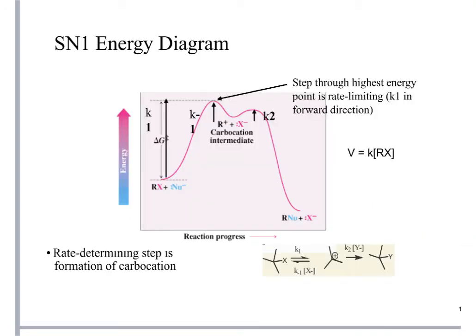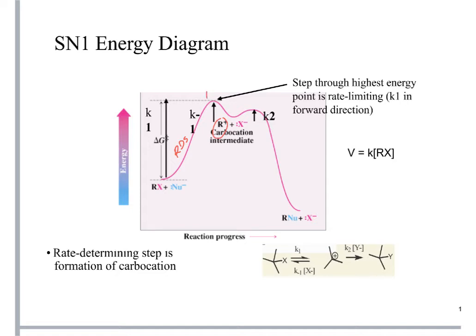So SN1 reaction follows the same potential energy curve that is similar to what you had seen for electrophilic reactions of alkenes. So the rate determining step is departure of the leaving group and formation of the carbocation.